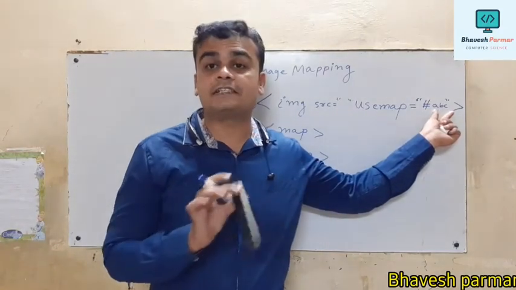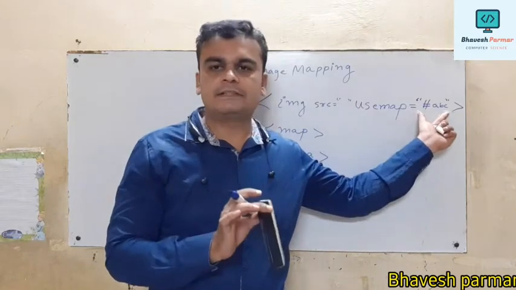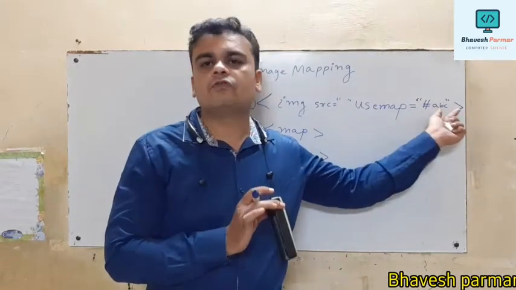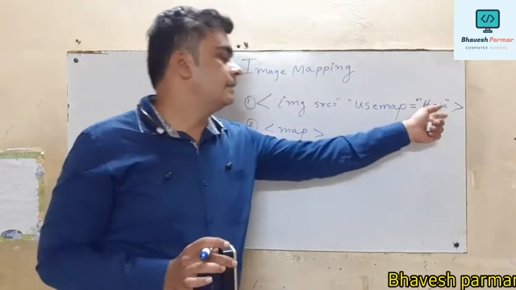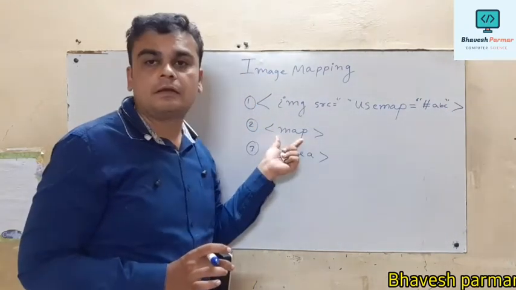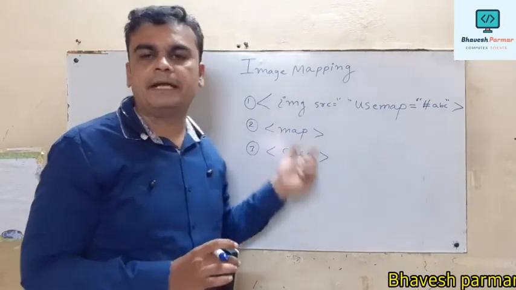Don't pronounce it hashtag. The hashtag is a totally different concept, but in this case we use only hash followed by some label name. So this label is referenced by the map tag. So what do you mean by map tag?